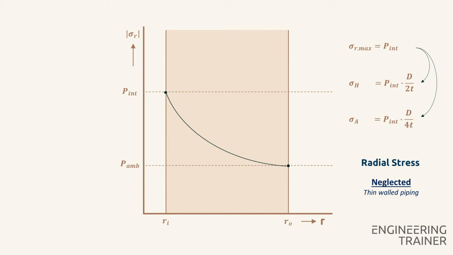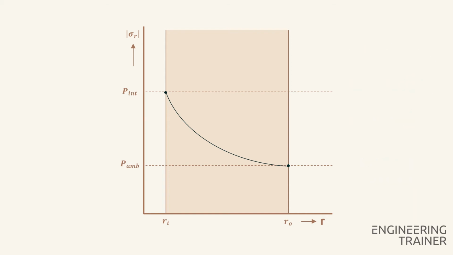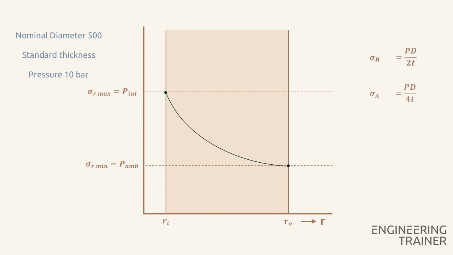Let's review an example. We consider a pipe with a nominal diameter of 500, a standard thickness, and a pressure of 10 bars. The radial stress varies between the internal pressure and ambient pressure. We calculate the hoop stress and axial stress with the familiar equations.